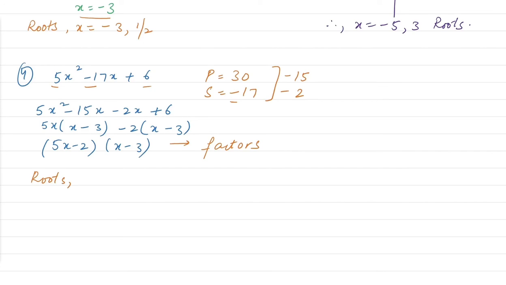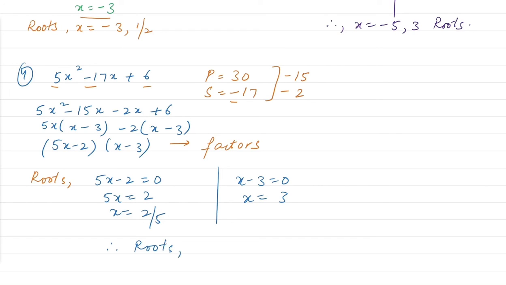For finding the roots, equate the values. 5x minus 2 equals 0 and x minus 3 equals 0. Now 5x will be equal to 2 and x equals 2 divided by 5, and x equals 3. Therefore x equals 2 divided by 5 and 3 are the roots of this quadratic equation. In this way we can solve this.